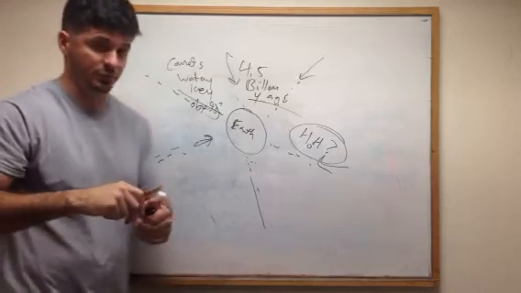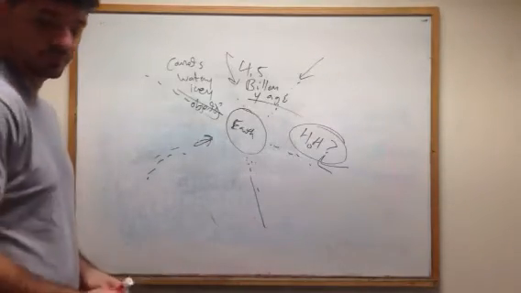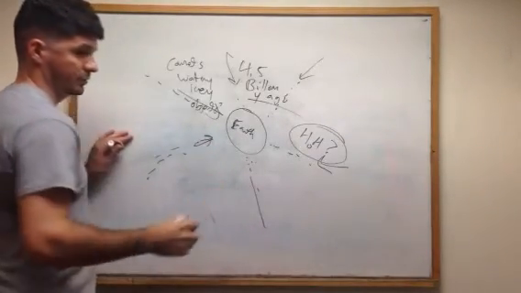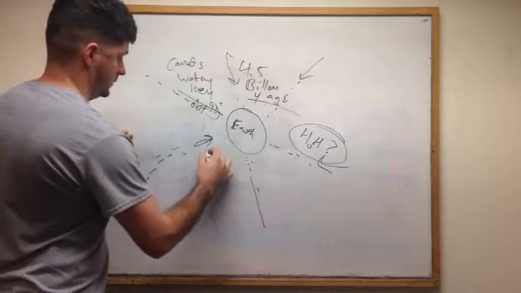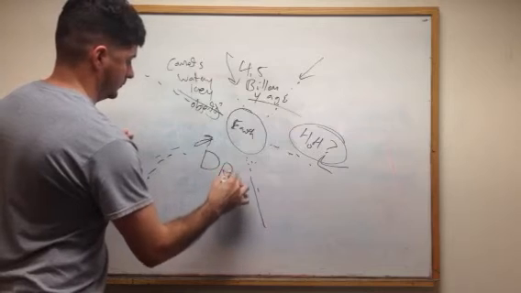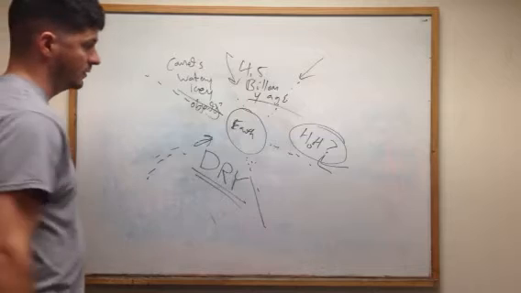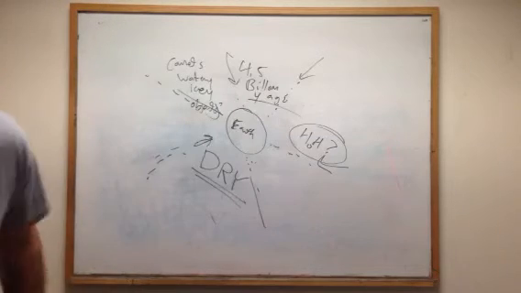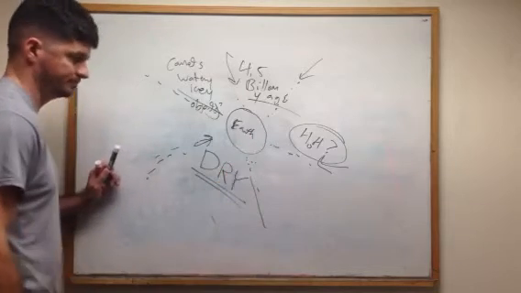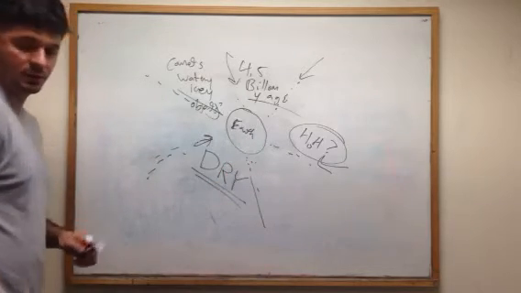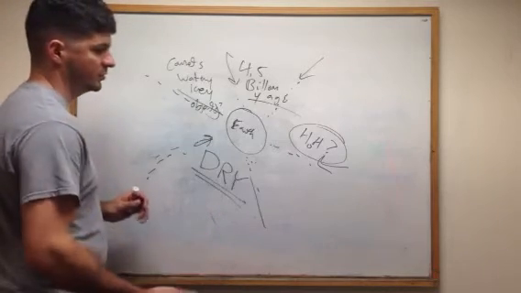Now, if you've been paying attention to the Rosetta mission, you'll know comets are dry. So what that means is that this comet theory of transportation of water to the Earth doesn't work.